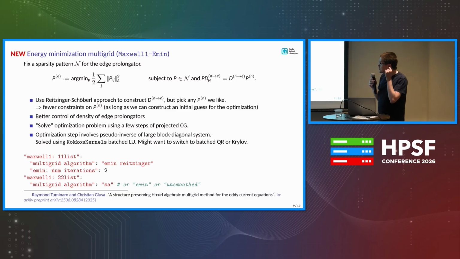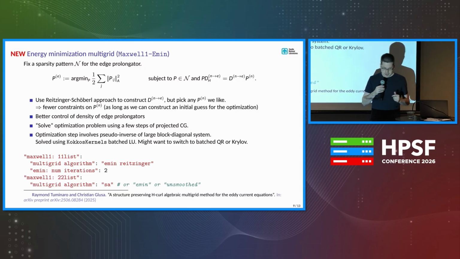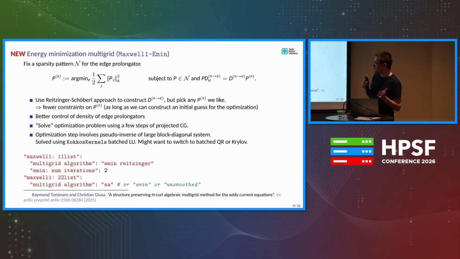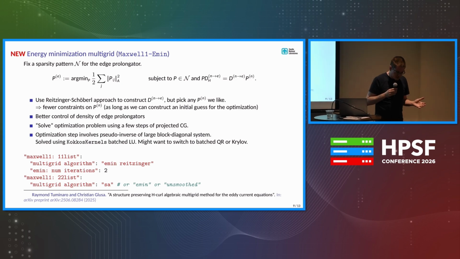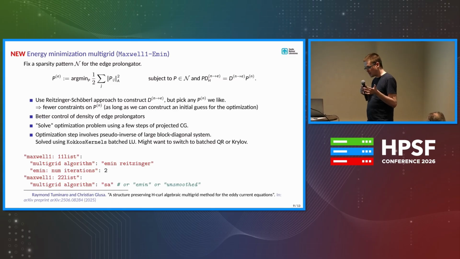All right, so now this is our new approach, which tries to handle some of the drawbacks that the previous methods had. We want to decrease the energy associated with this prolongation operator, and instead of trying to do this explicitly by applying a smoothing operation, we try to enforce that by solving an optimization problem.